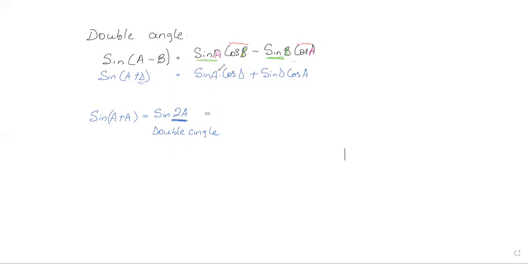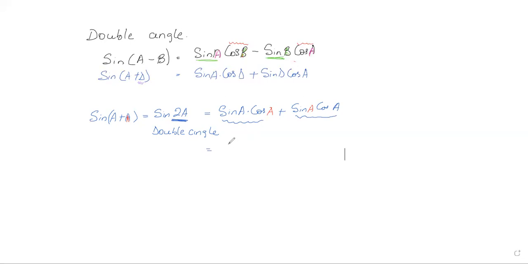If we go to our distribution mechanism here, we'll have the sine of A multiplied by the cos of A plus the sine of A, the cos of A. Now, if you look carefully, this is the same as that.